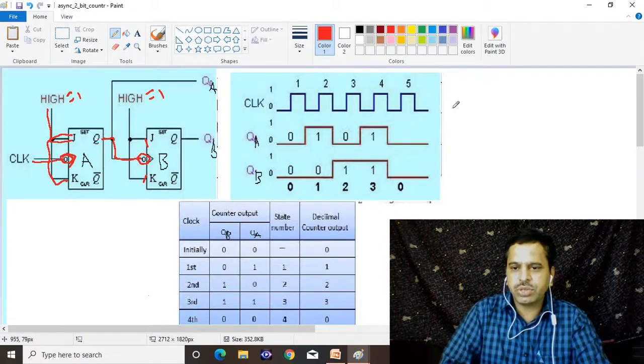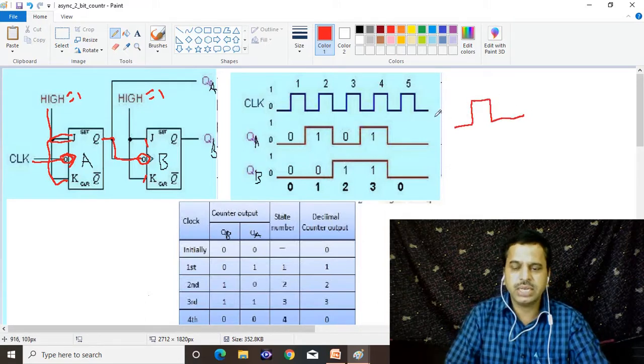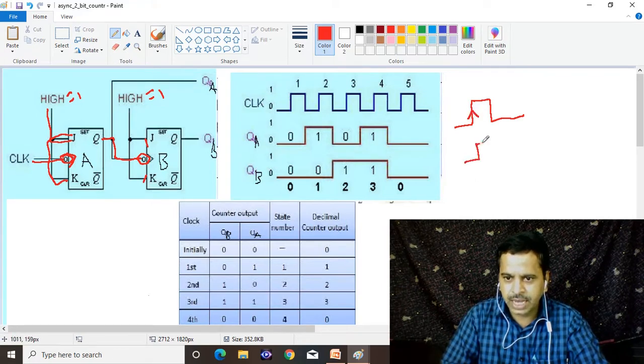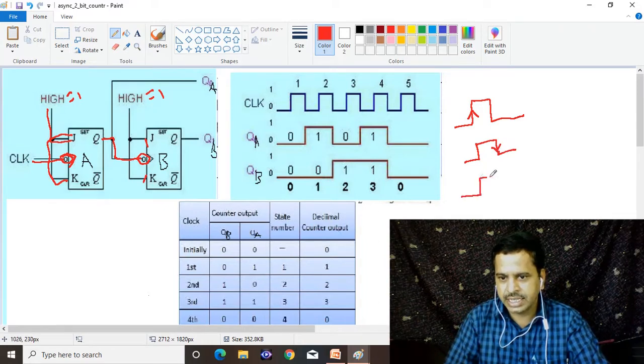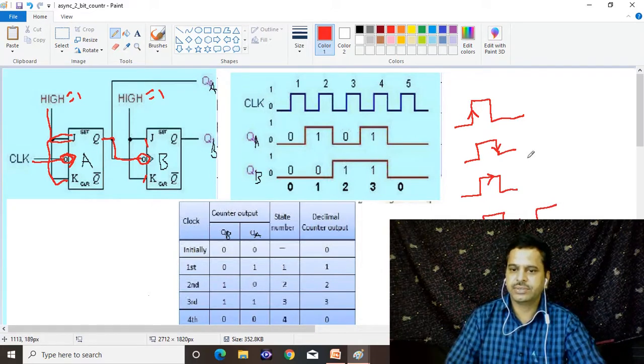We know that there are 4 types of triggering, that is positive edge triggering, negative edge triggering, positive level sensitive and negative level sensitive.